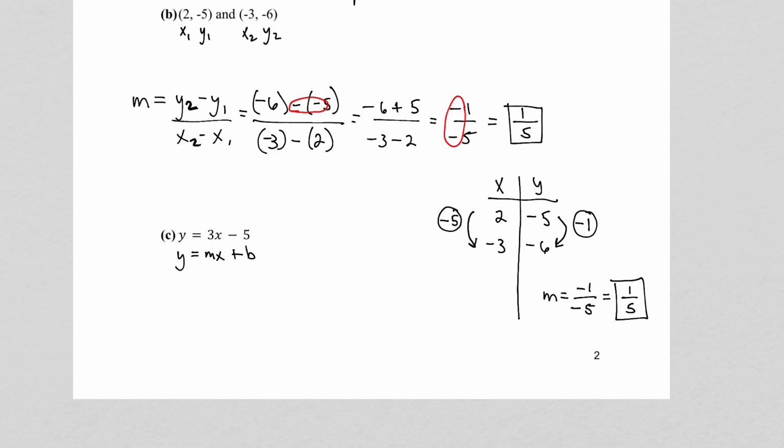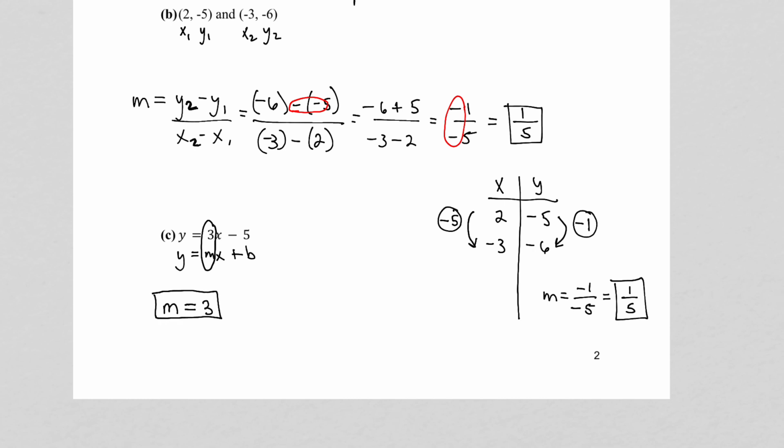Okay, there's a coefficient in front of x, meaning there's a number being multiplied times x, and a constant, that negative 5. Then the number that is being multiplied times x is your slope. You can see that they are in the same position there. So there's actually nothing that you need to do here to calculate. You could just find and report the slope as 3.